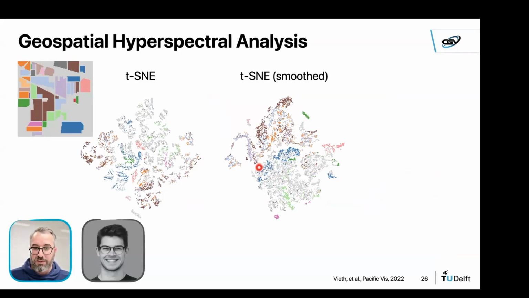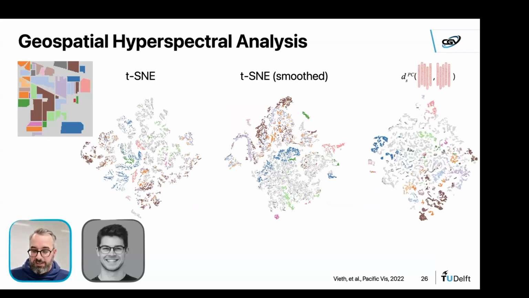And this is basically, again, the version with the point cloud distance. And now you see really compact clusters, in brown here, in blue, and the orange ones on top here, that really map to the structure of the actual data.